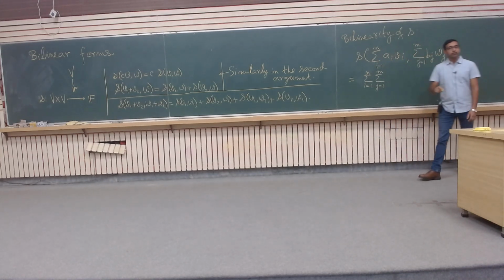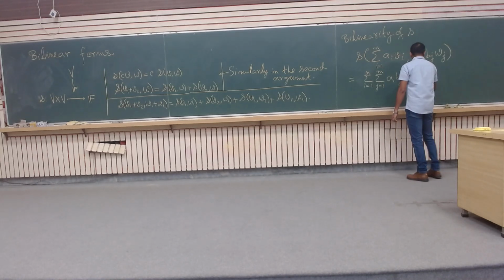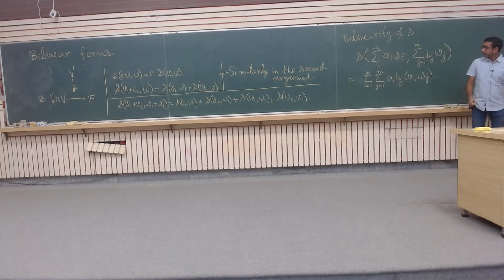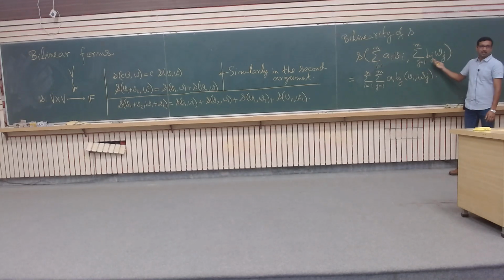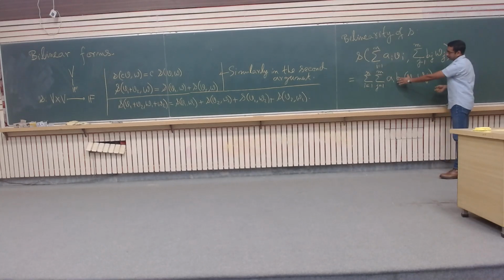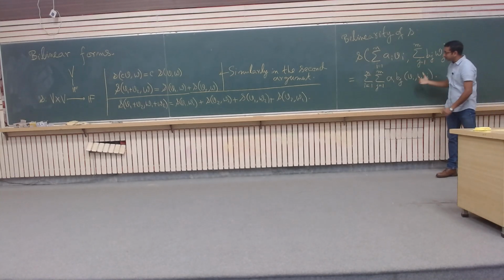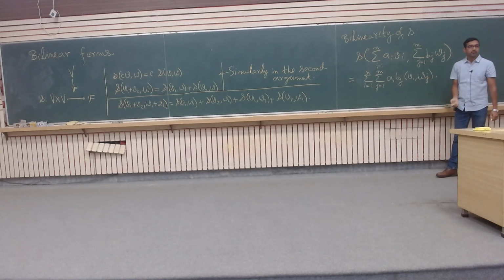It is the summation, i from 1 to n, j from 1 to m, of a_i times b_j times S of v_i w_j. This follows from the bilinearity because it's linear in the first argument as well as the second argument. So any sum decomposes as the sum of the individual summands. And the same happens here. If you have two sums, it is just a double summation, and the corresponding scalars are multiplied.